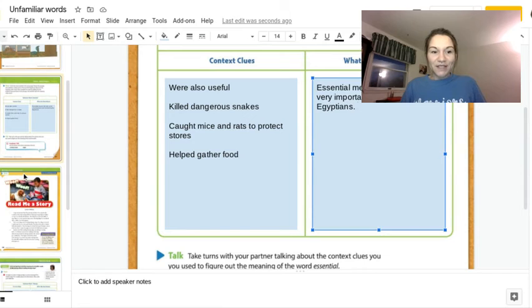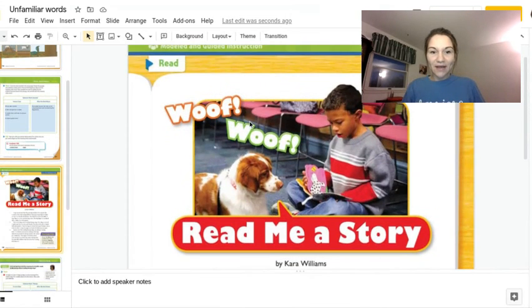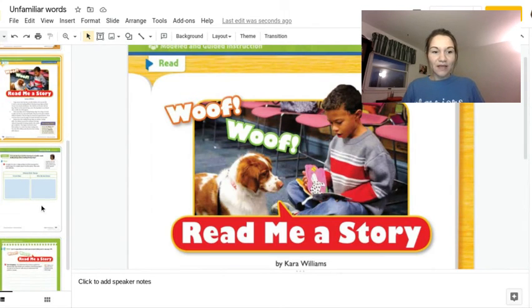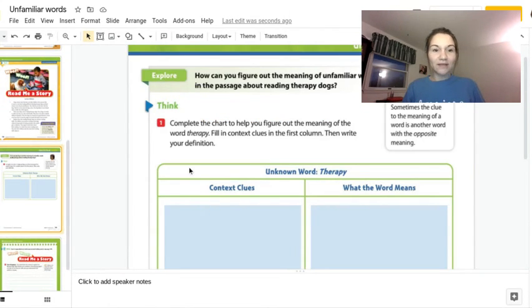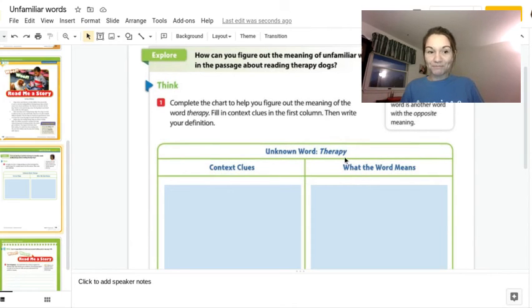All right, so when you are continuing on with this lesson, you are going to read the article, "Woof, Woof, Read Me a Story." On slide 4 you are given a word, therapy. So that's your little clue. As you're reading from "Woof, Woof, Read Me a Story," you're going to be looking around that word therapy for some context clues that the author gives you.